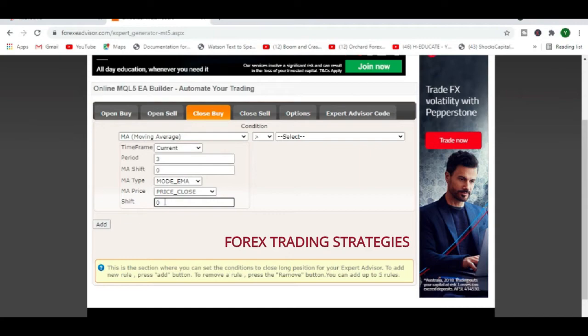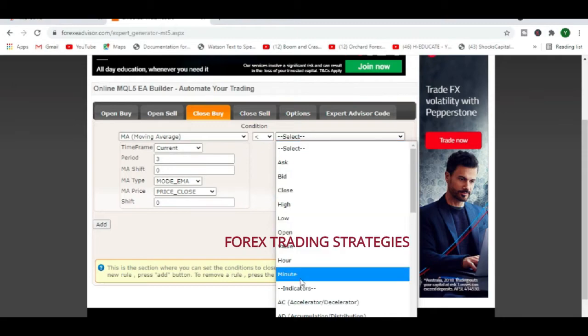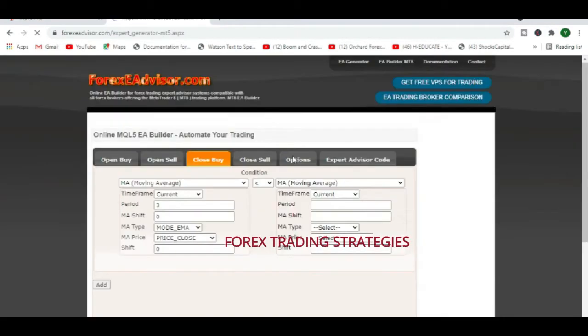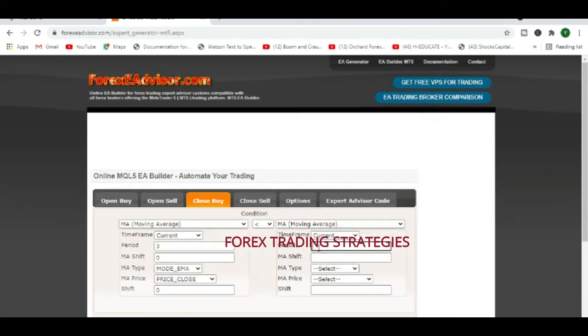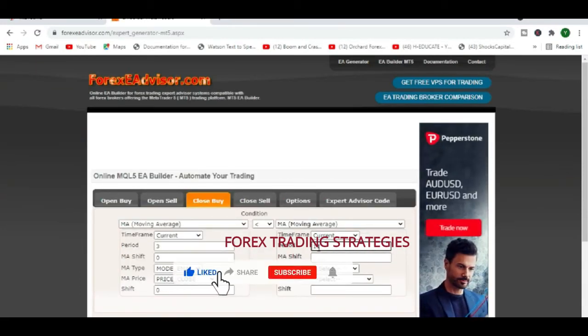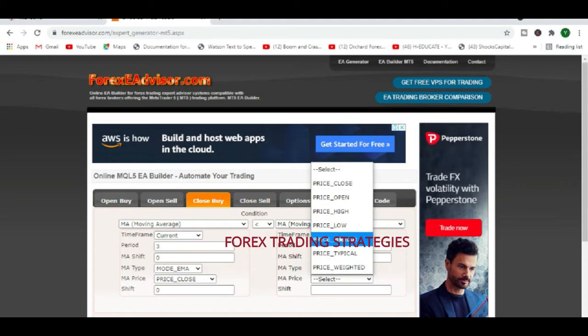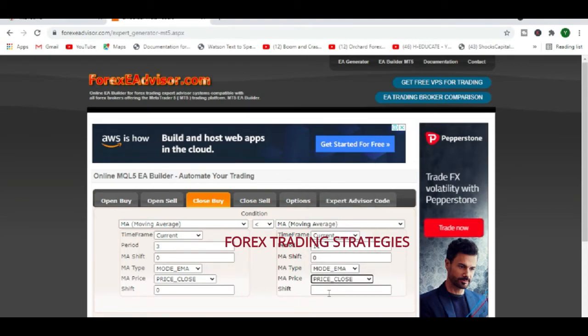Then 0. Now we are closing a buy, so we are saying when the 3 moving average goes below the 11, we want it to close that buy. Everything must be the same as you had from the beginning.